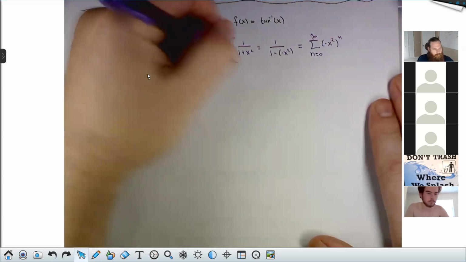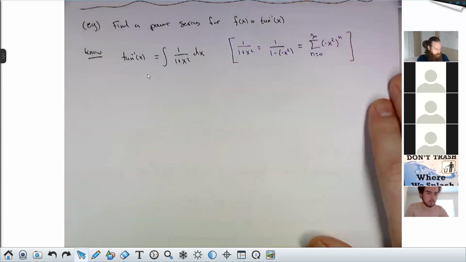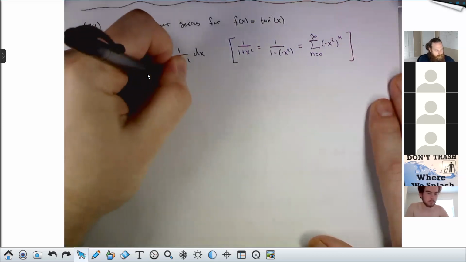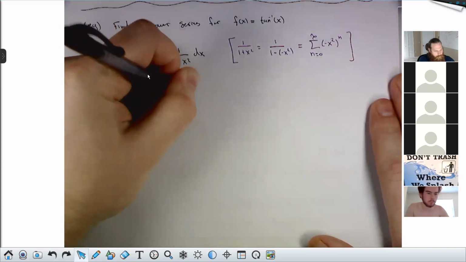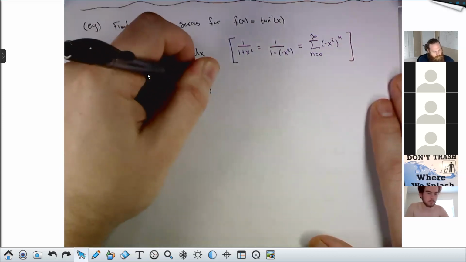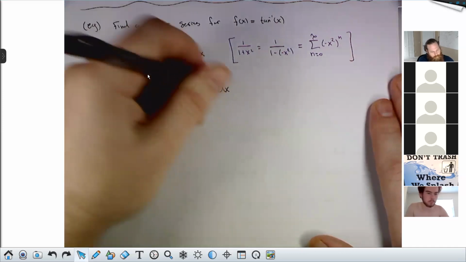So let's start here. This is the integral of sigma n from 0 to infinity, negative x squared to the n dx.